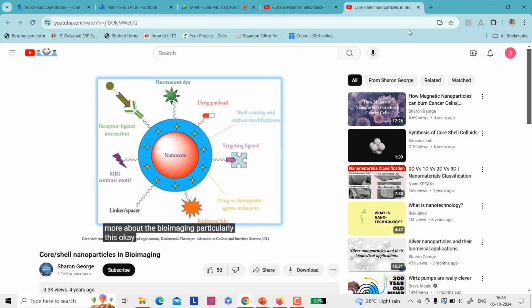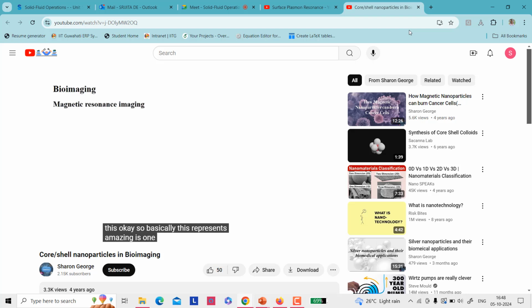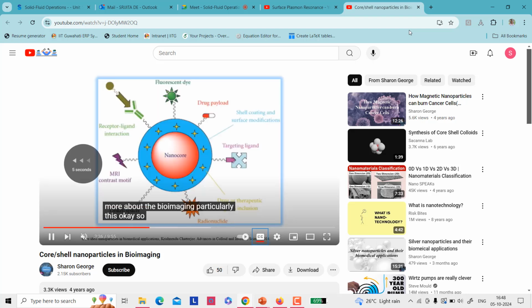So this is also used in bioimaging, that is in MRI. Okay, so we'll not get into that much. But this is how the core shell colloids are formed.